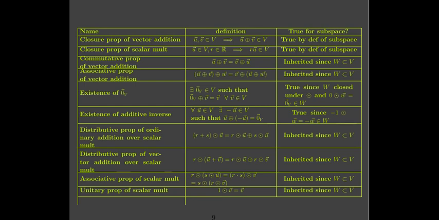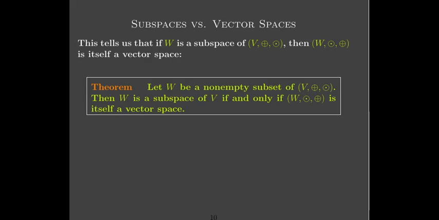And then what about the existence of the zero vector? Well, the zero vector has got to be in W. And why is that? Because if you have any vector in W and you multiply it by the scalar 0, you're going to get the zero vector. So that's got to be in W. So you can't scale your way out of W. And then, again, if I scale a vector in W by -1, I get its additive opposite.